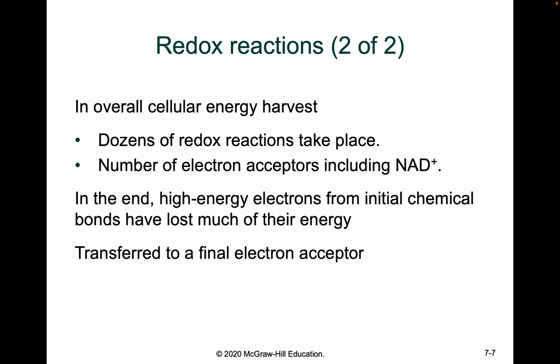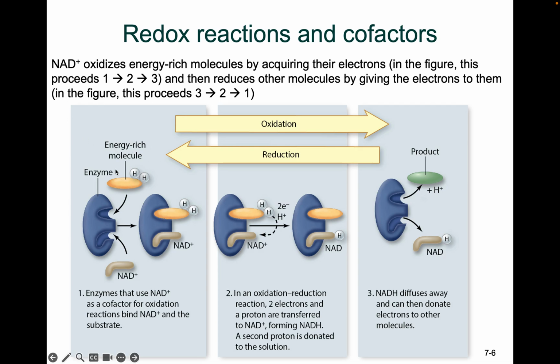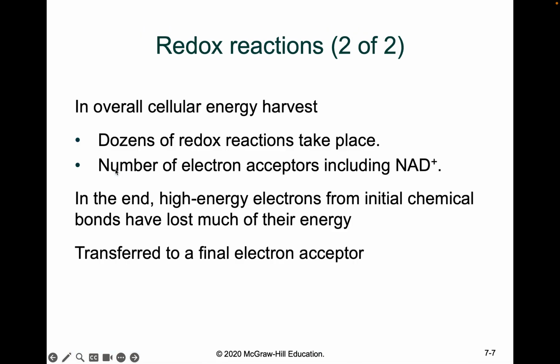So as we said, when it comes to cellular energy harvest, so cellular respiration, there are dozens of redox reactions taking place. What we're trying to do is take this high energy-rich molecule like glucose and keep oxidizing it to remove as much of its energy as we can.